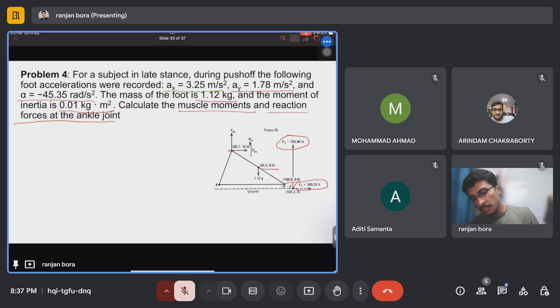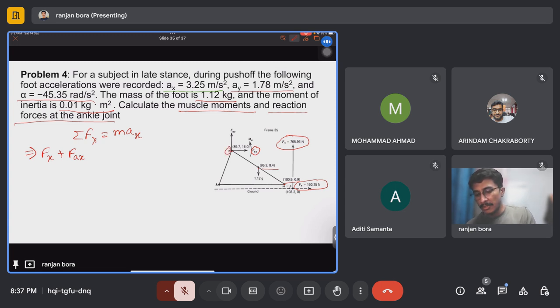Now we have those equations, summation Fx equals max. What forces act in the x direction? We have Fx, the ground reaction force, plus Fax, the joint reaction force at the ankle.